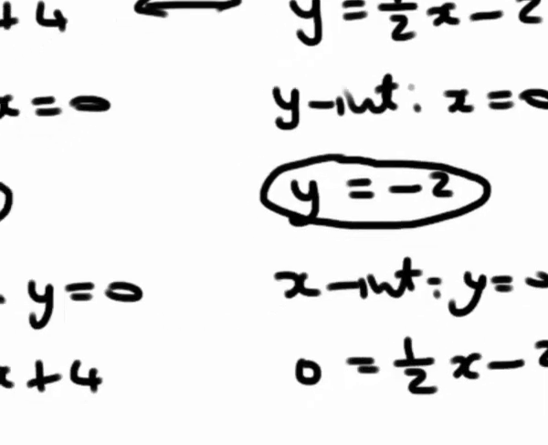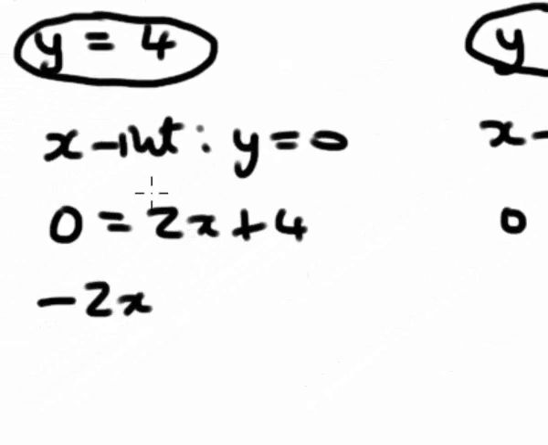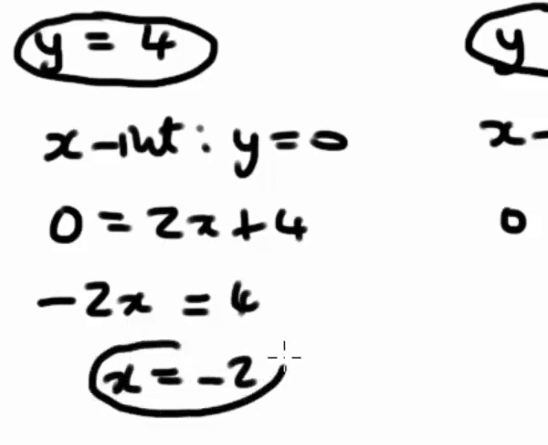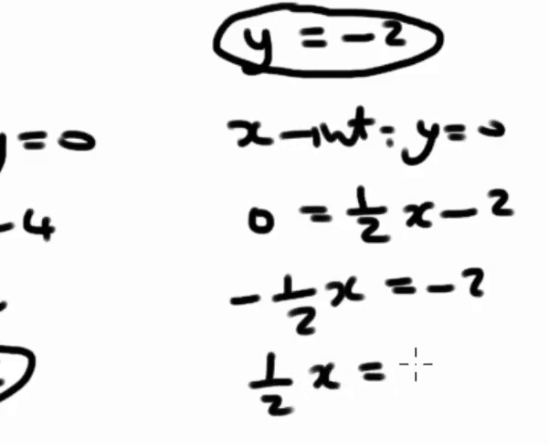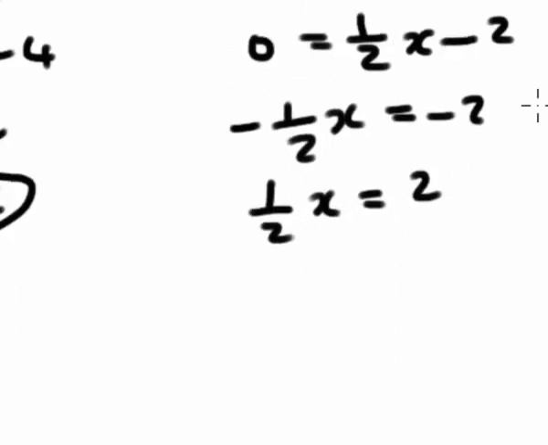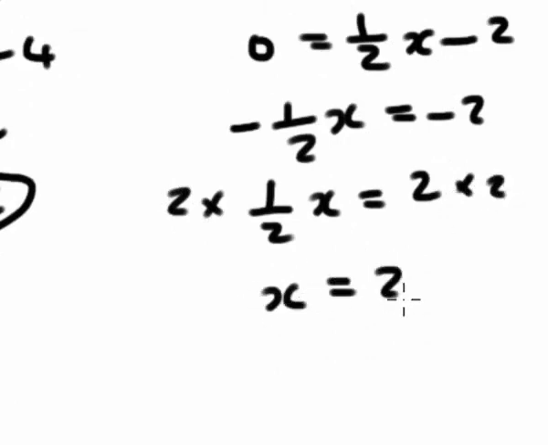Now if we bring the 2x across, we have negative 2x equals 4, and we divide both sides by 2, so the x-intercept would be negative 2. For this one, if you bring the half x across and multiply both sides by 2, you get x is equal to 4. That is your x-intercepts of this graph.